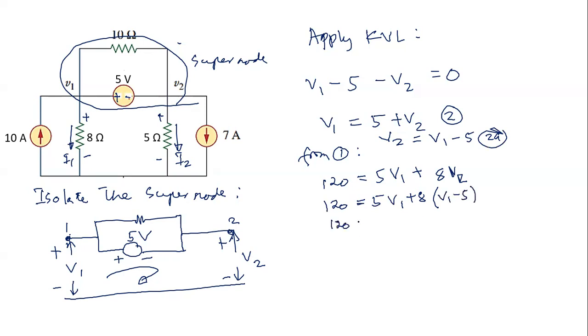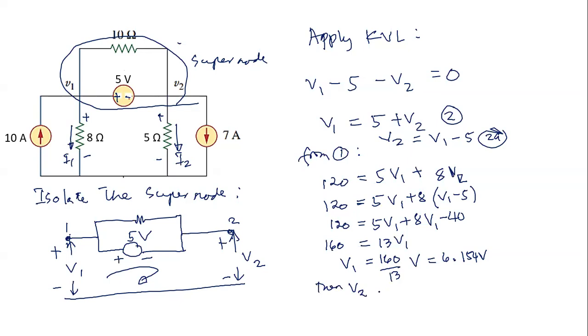So we have 120 equals 5V1 plus 8V1 minus 40. Okay, then transpose the 40, so this becomes 160, and this is 13V1. So V1 is equal to 160 over 13 volts. Then, if we simplify it, it is 6.154 volts.